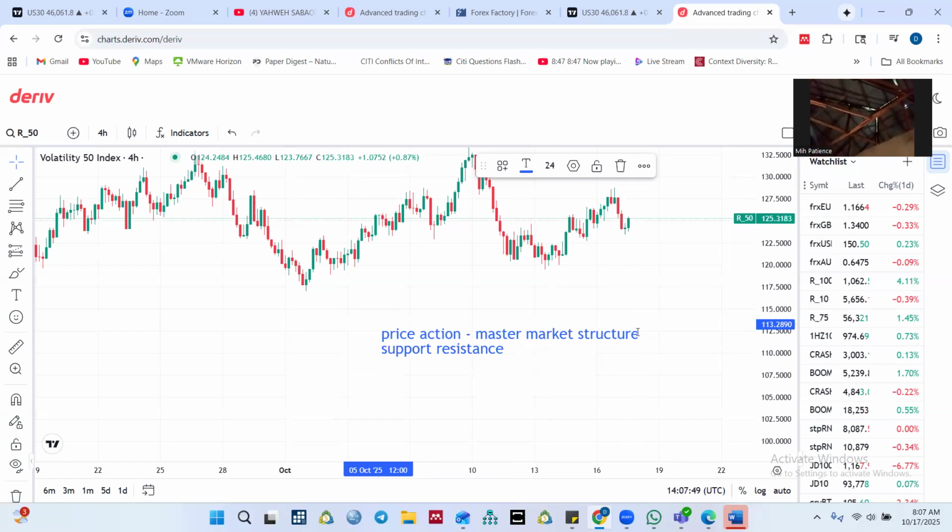And the third one is how liquidity works, in terms of how it is distributed, how liquidity hunts or grabs happen, what shows that there is a hunt, there is a grab, and how liquidity is being deposited.